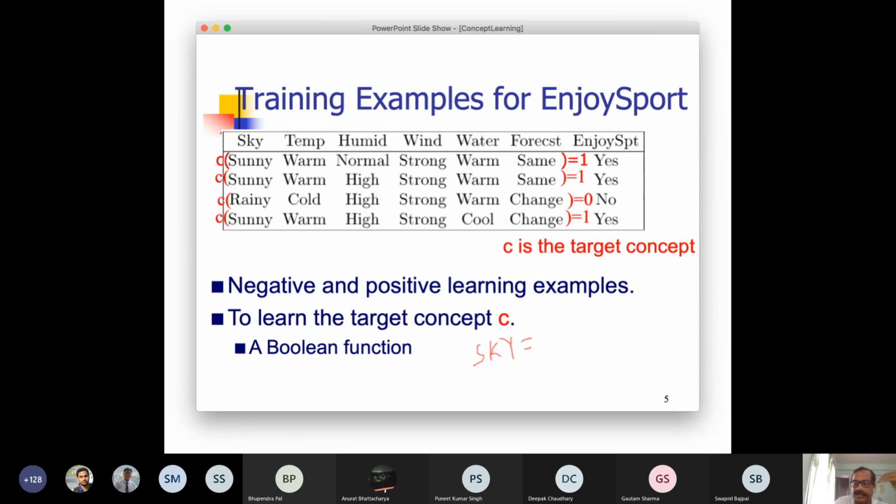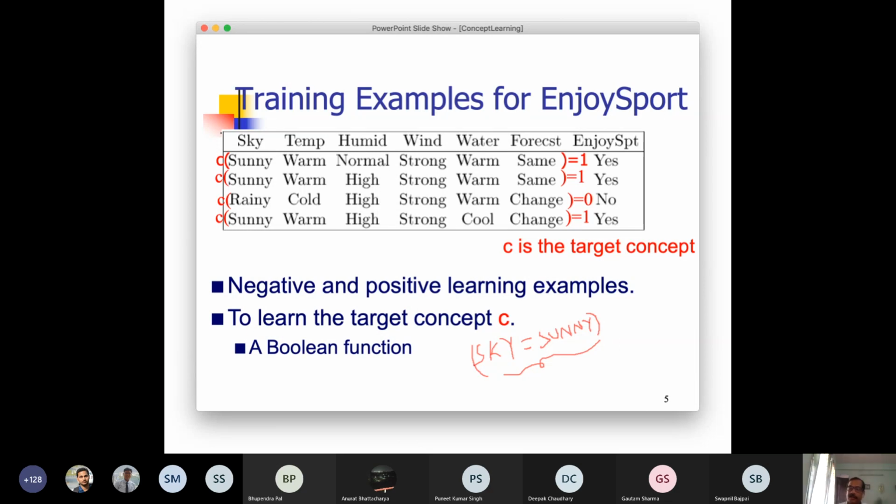So sky represents a dimension of your data set. If I write sky equals sunny, then sunny is the value of that particular attribute. In a way, sky is a variable, but that variable is not the Boolean variable. Now sky equals sunny is a Boolean variable. This is the literal. That is how you form these Boolean literals.